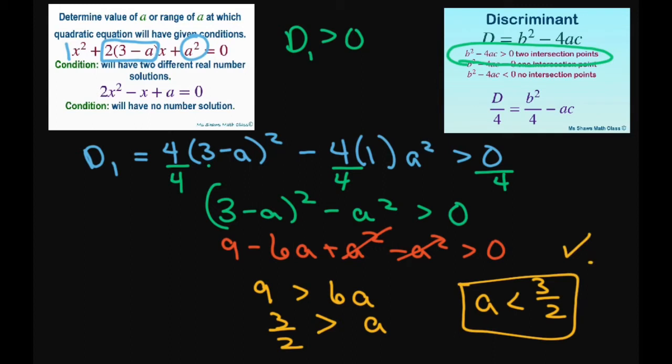Now, this one's going to have to work with the second one. For the second one, we have no real number solutions, so no intersection points. That means my discriminant, I'll call it discriminant 2, has to be negative.